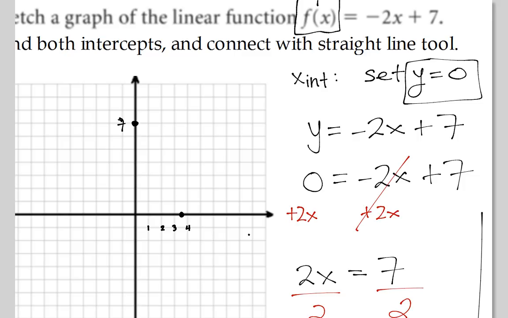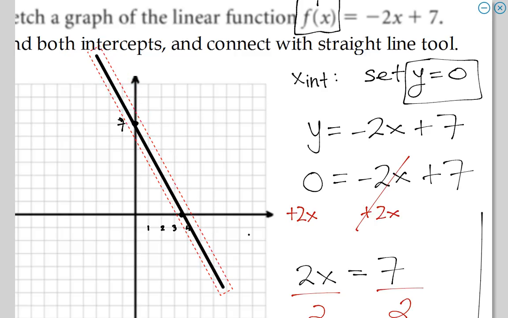Now, what do you need to draw a line? Just a straight edge. Use your ID card or a ruler. And we connect. I missed. And what do we do in the lesson today? Did we just leave it like that, or did we put nice little arrows on it?